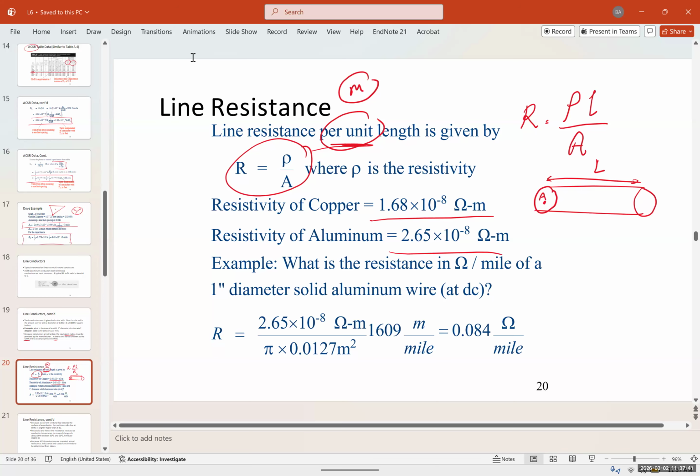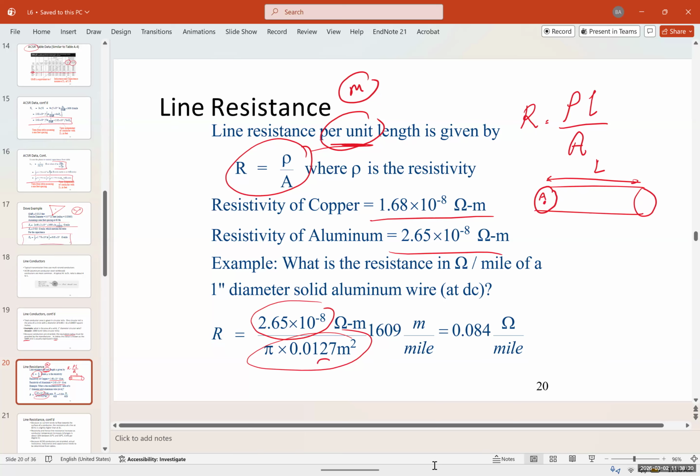1 mile is 1,609 meters, so we have to convert that. And also, we want to find it in meters. So it's going to be 2 times 0.65 times 2.65 times 10 to the power of negative 8, because it's aluminum copper, over pi times 1-inch diameter.